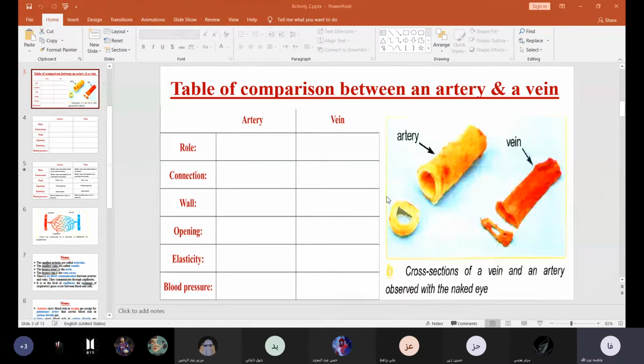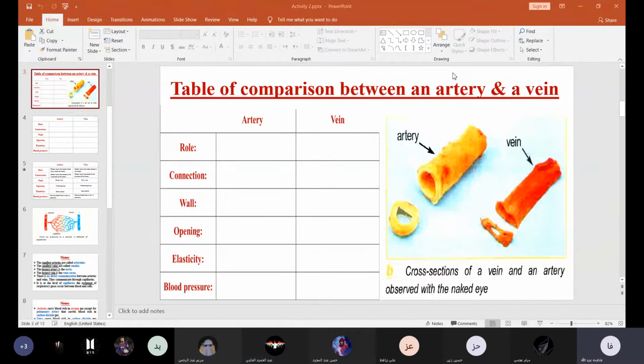The difference in the wall between the artery and the vein. Yes, Abdelhamid, you can answer. Yes, artery thick and vein thin. Good.